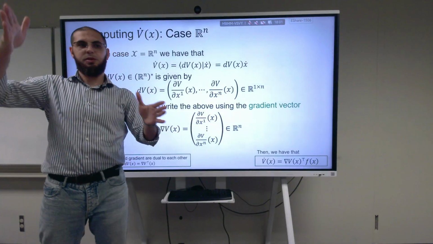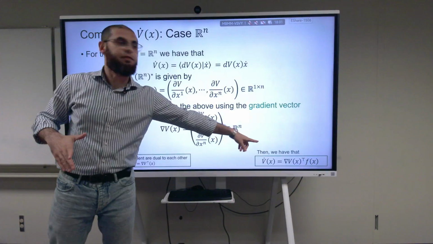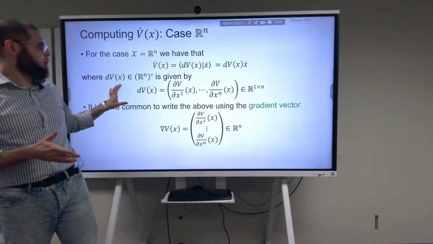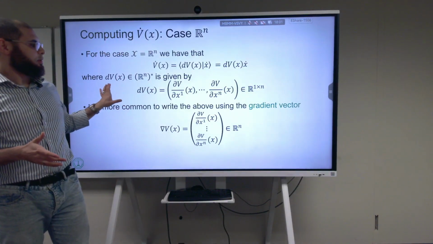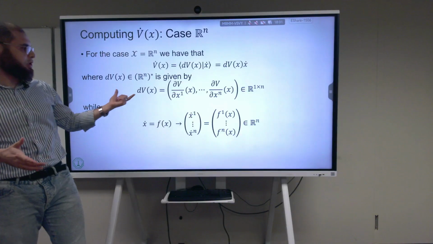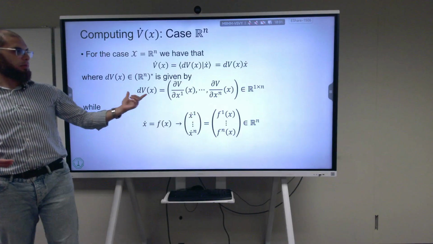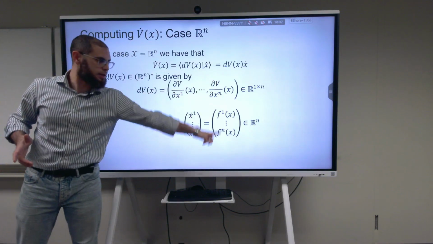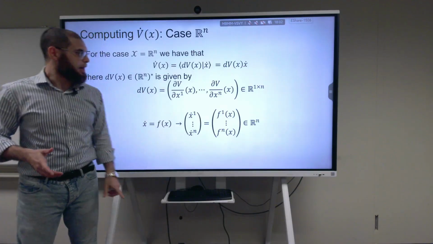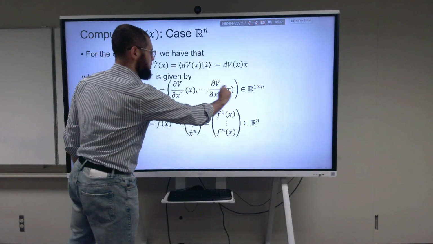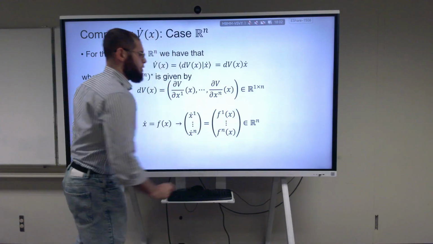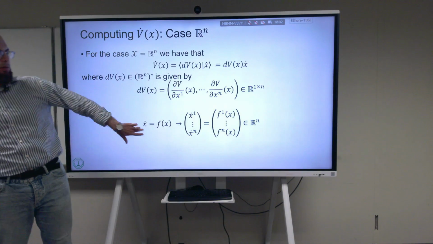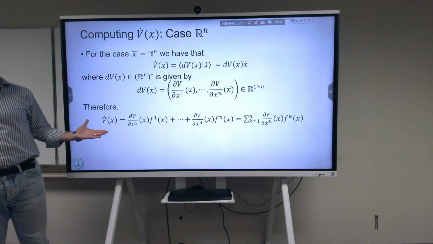It's the gradient vector transposed multiplied by f of x. Why multiplied by f of x? Because it's the x dot, right? So if you go in terms of the differential, the dV is given by this row vector, while the x dot equal to f of x is given by this column vector. And if I take this row vector multiplied by this column vector, what do I get? A scalar number. So this scalar number looks like this.